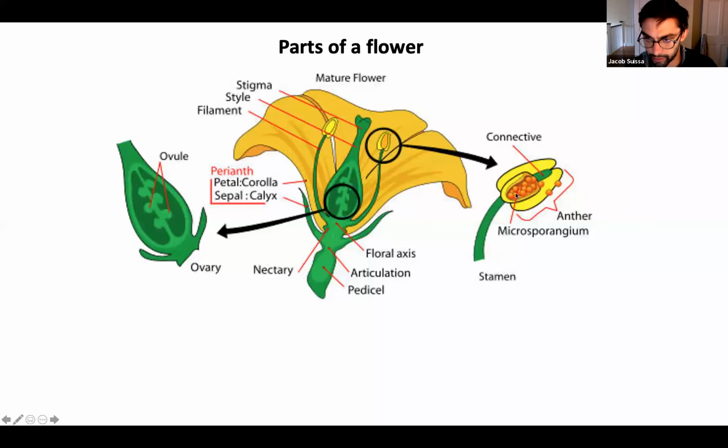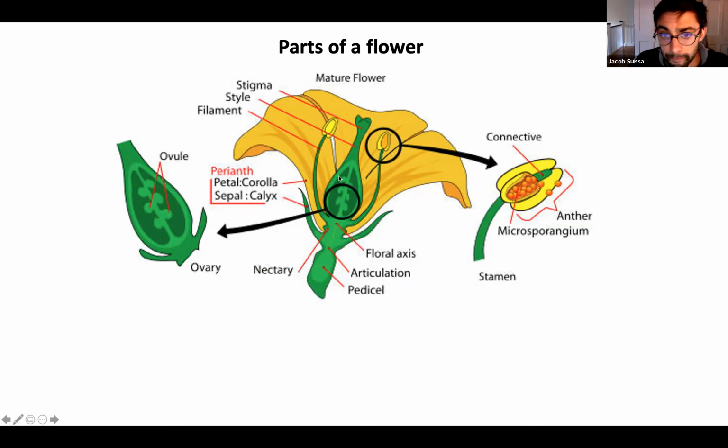And then you can see the microsporangia are in here, and what will happen is through meiosis, you'll develop microspores, and then they will divide to produce microgametophytes within the spore wall, and those are pollen grains, essentially. The other part of the stamen is the filament, and that's just the portion that allows the anther to stick out above the flower.